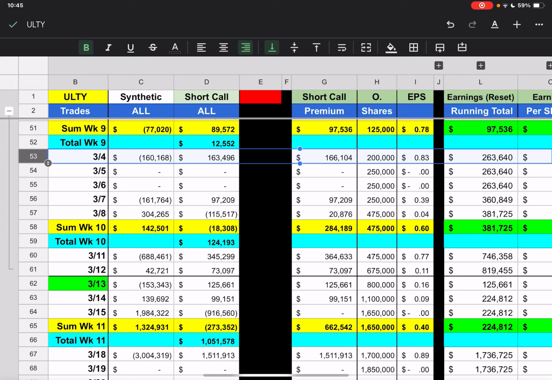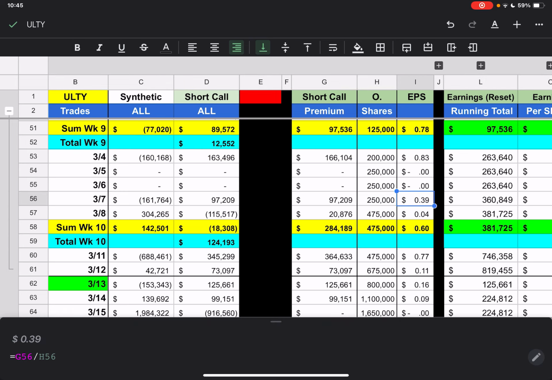Then you can go down and say, okay, this one was 39 and this one was 4. But you can't just add all those together and say that's it, because your outstanding shares keep going up, right? So that income has to be recalculated based off of the current shares.